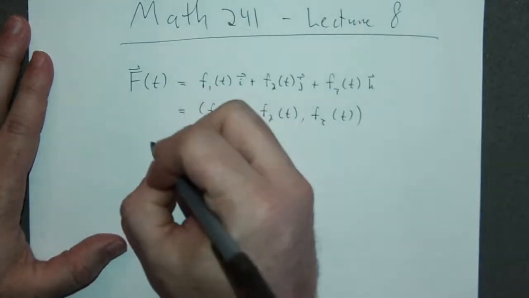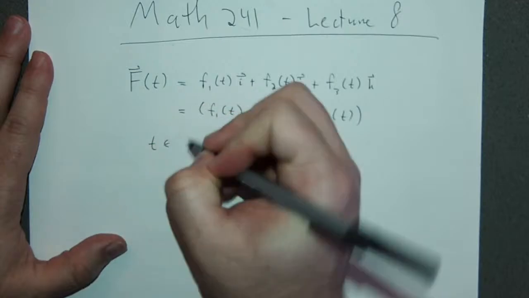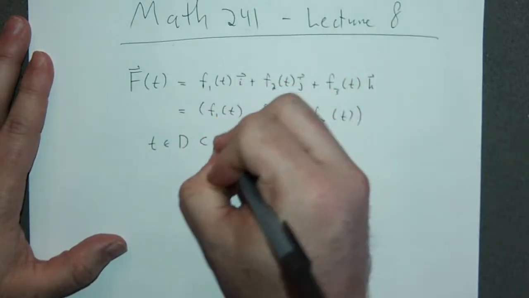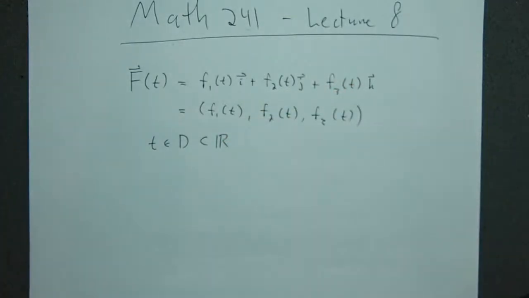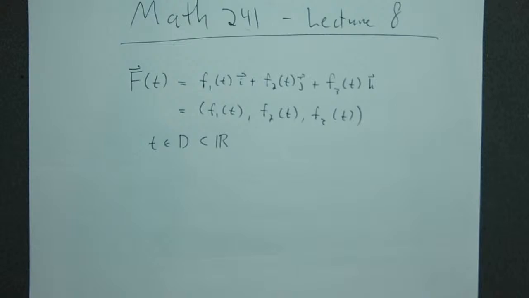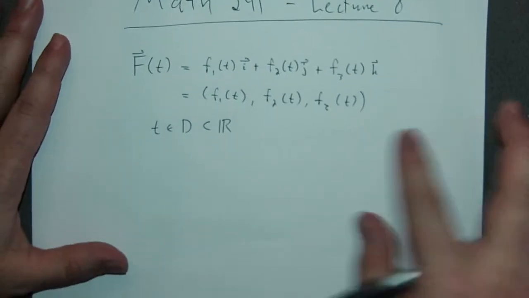Typically this t is defined for all t in some domain D, which is a subset of the reals. And if I wanted to talk about a vector valued function being differentiable, then it was differentiable at a point if each of the component functions were also differentiable at that point. We even talked about some things last time.